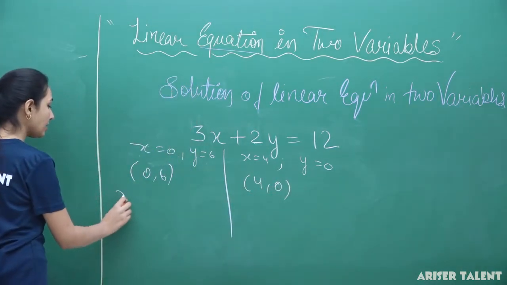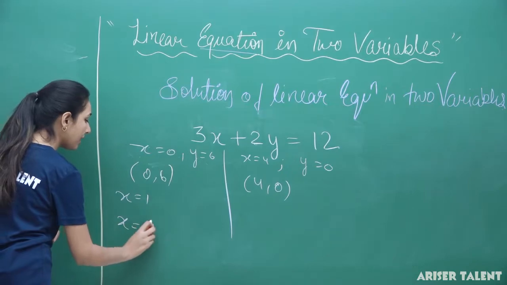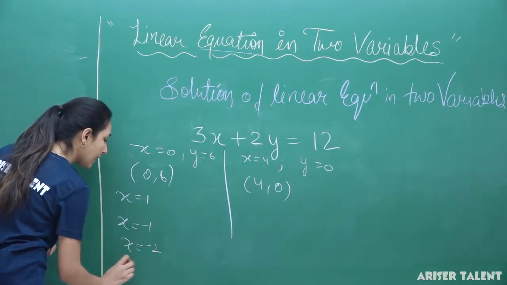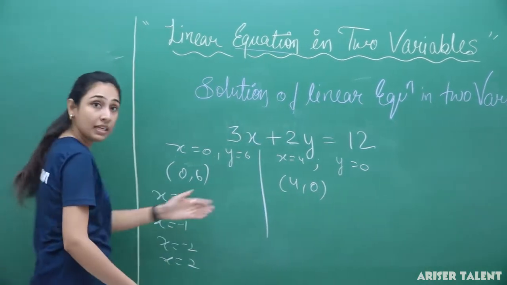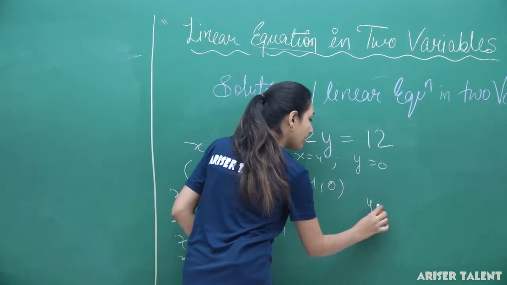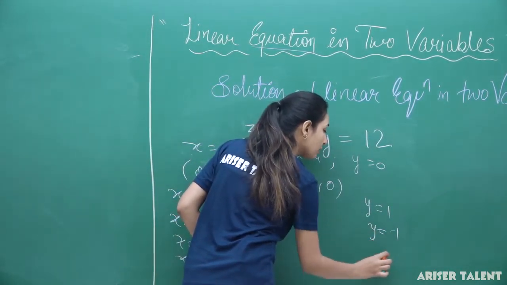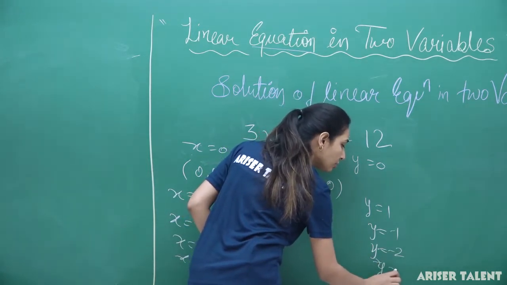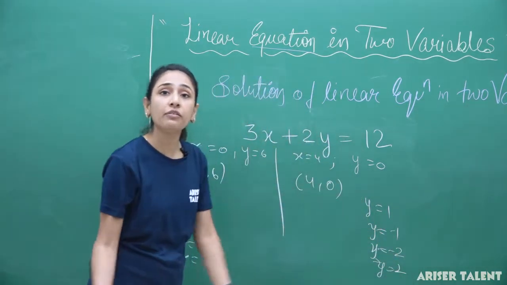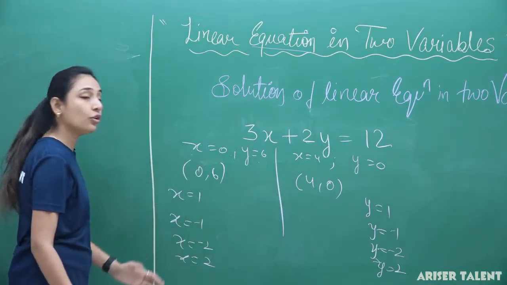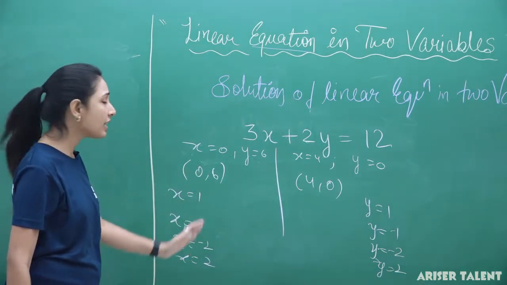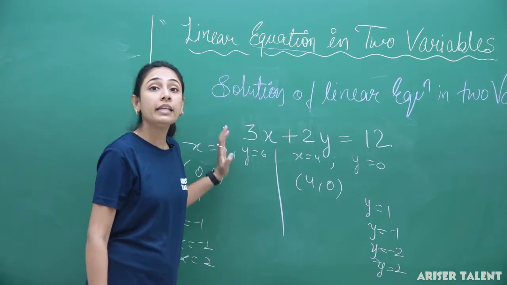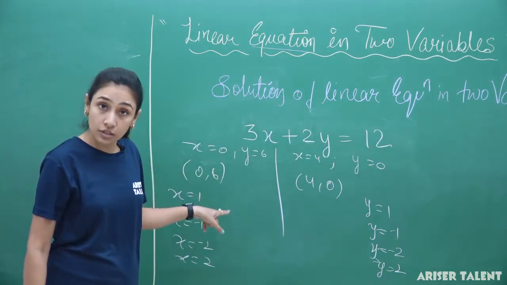Similarly, you can have x equals to 1, x equals to minus 1, x equals to minus 3, x equals to 2. Similarly, you can have y equals to 1, y equals to minus 1, y equals to minus 2, y equals to 2, and so on. Infinite values of y and infinite values of x. For infinite values of x, you will get infinite values of y, and there will be infinite pairs of solutions.